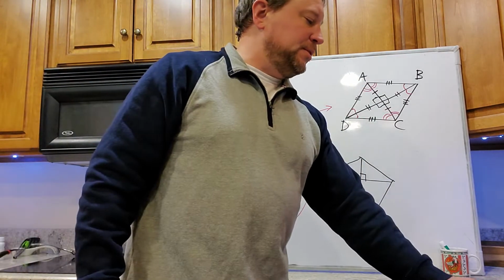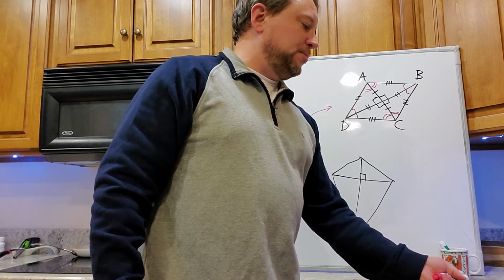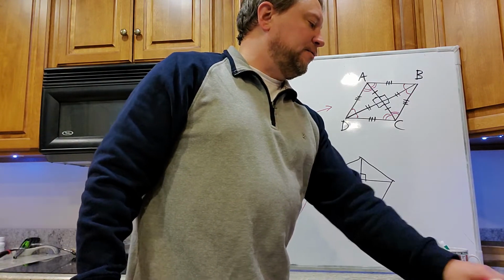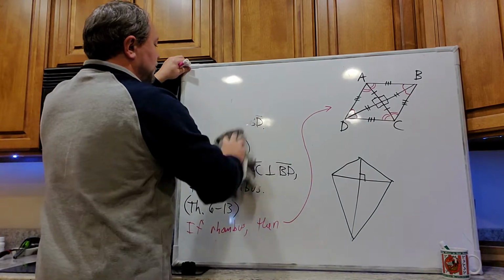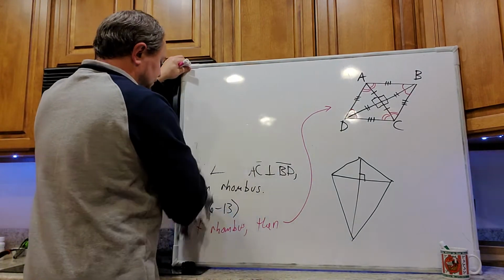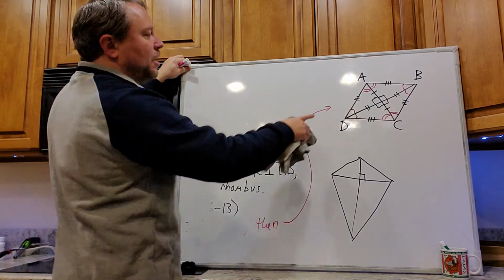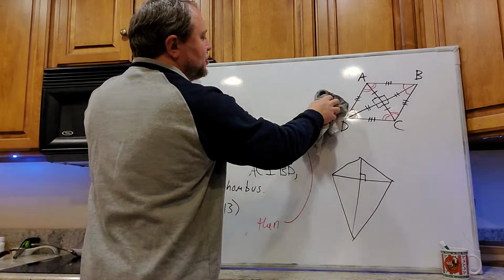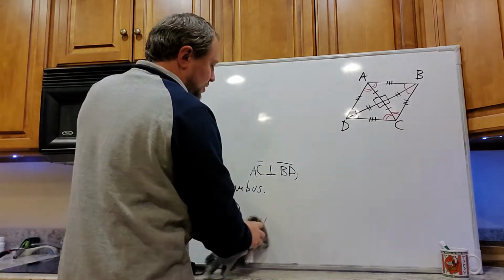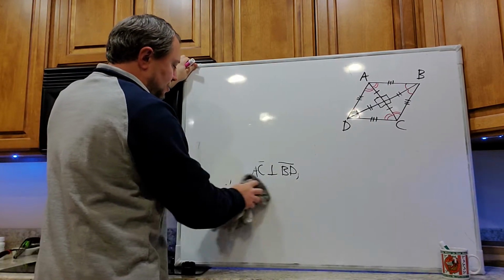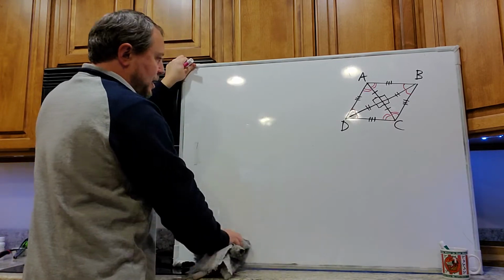Now I want to jump into some problems here. And the first of our problems, well, let me make a drawing here that we can refer back to. And I'm just going to leave that picture up there in the corner as a reminder that there's all kinds of congruent parts. Okay?